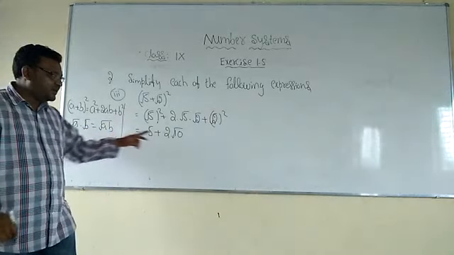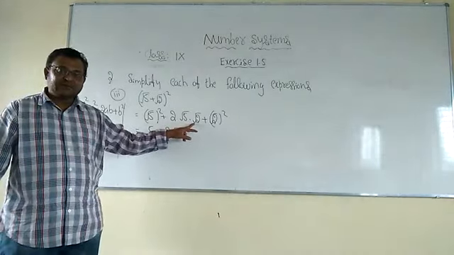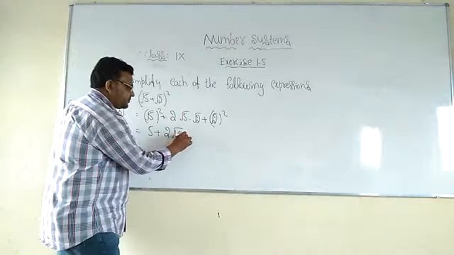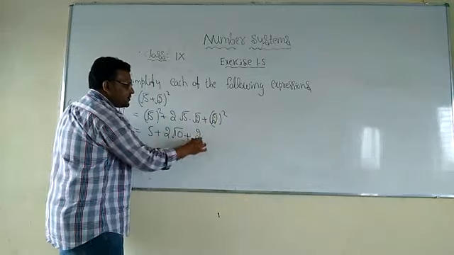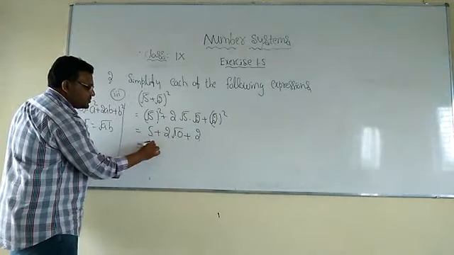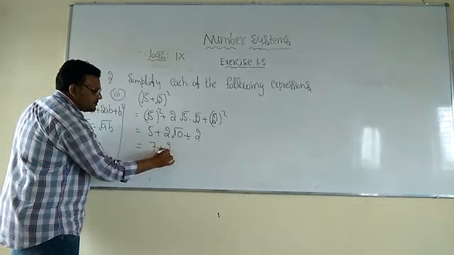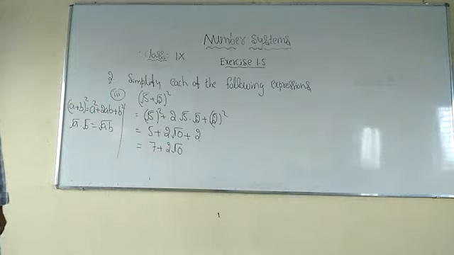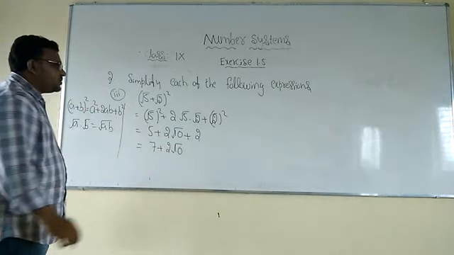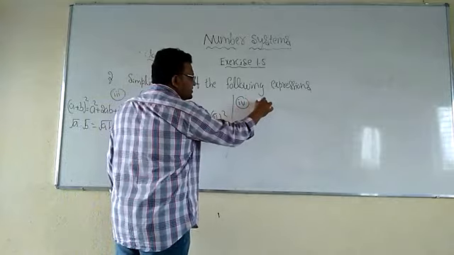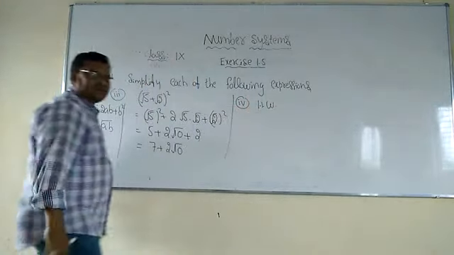By using this property we can multiply both under the same square root. Plus here the square and root will get cancelled. What remains? 2. So 5 plus 2 is 7, plus 2 root 10. And moreover, the fourth problem you have to do as homework in this main.